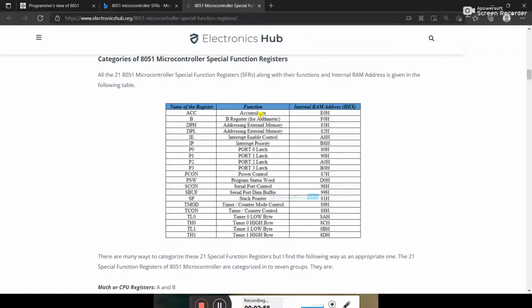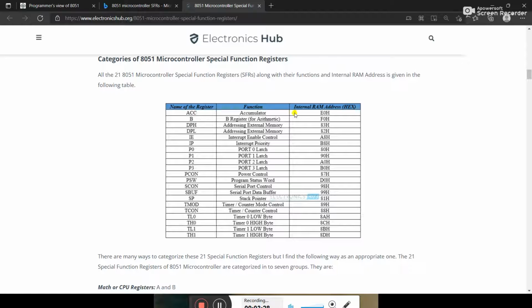Okay. In short, the description of the registers is available in this picture. Here you can see the full form of the registers and why they are used. Here you can also find the corresponding internal RAM address of the special function registers.